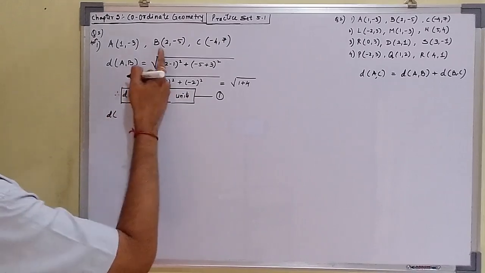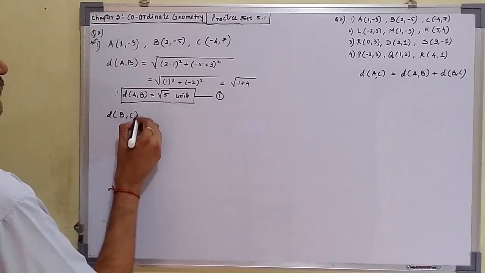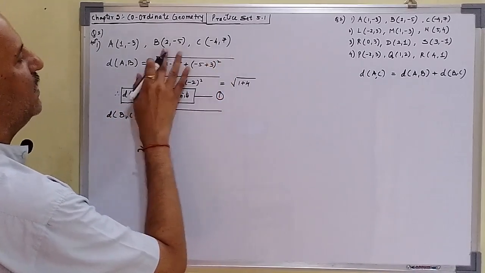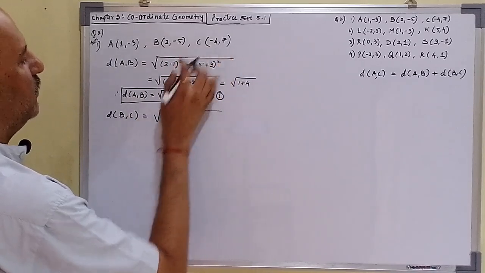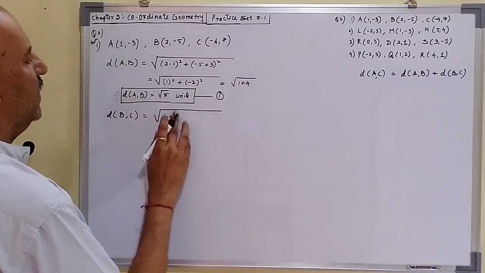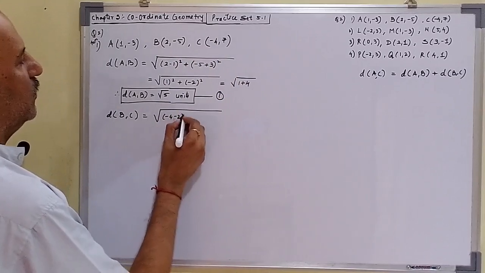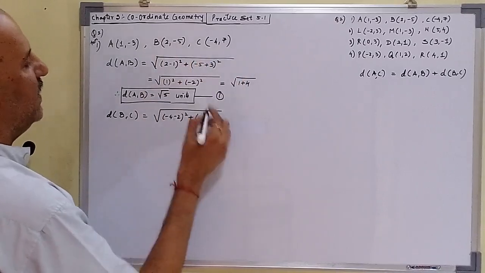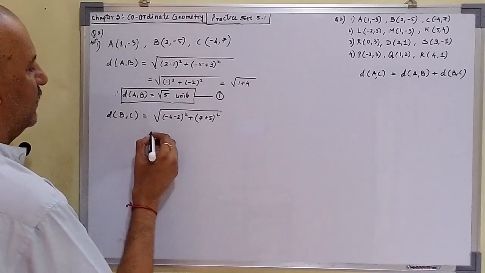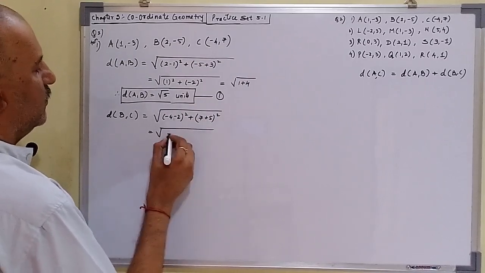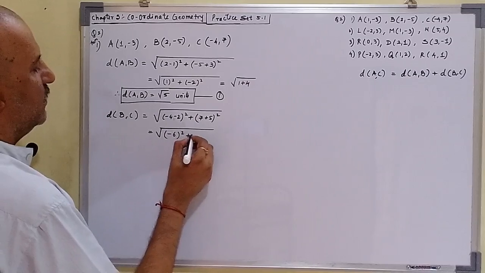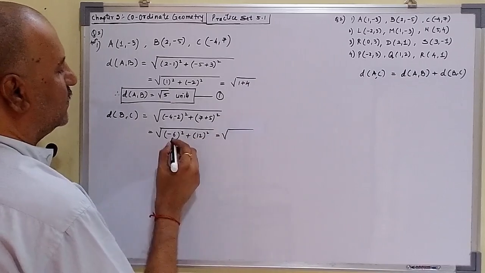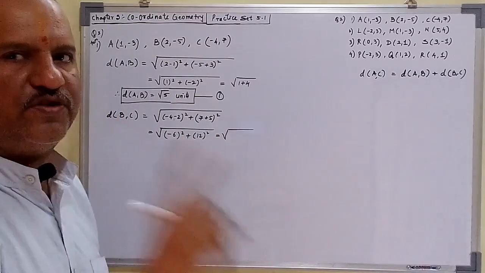Now go to distance BC. This is x2 minus x1; take this as x2, this as x1. (-4 minus 2) squared plus (7 plus 5) squared. So this is (-6) squared plus 12 squared. How much is this? 6 squared; the square of a negative is positive.